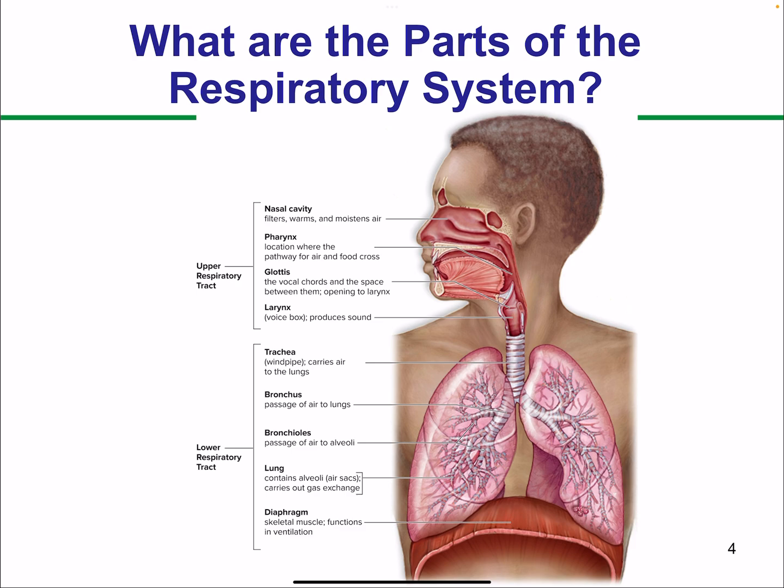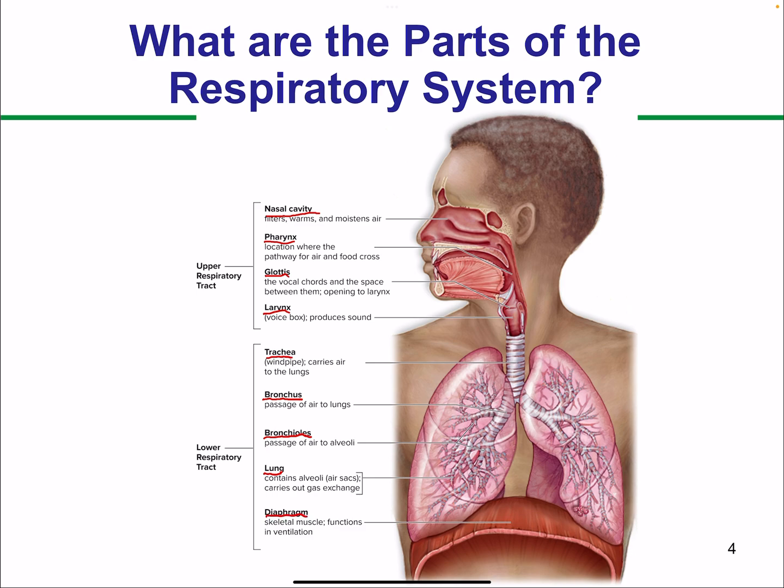The upper respiratory tract is going to be composed of the nasal cavity, the pharynx, the glottis, and the larynx, while the lower respiratory tract is going to include the trachea, or windpipe, bronchi, bronchioles, the lungs, and the diaphragm.